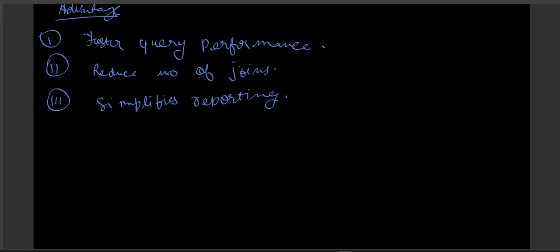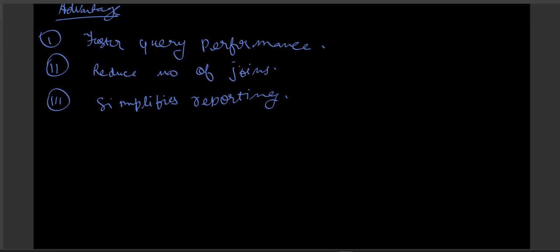Faster query performance means, in normalization you have a separate table for each piece of information, and when you want to retrieve the data you have to perform the join operation. So the query takes longer to execute. In denormalization, query performance is faster.